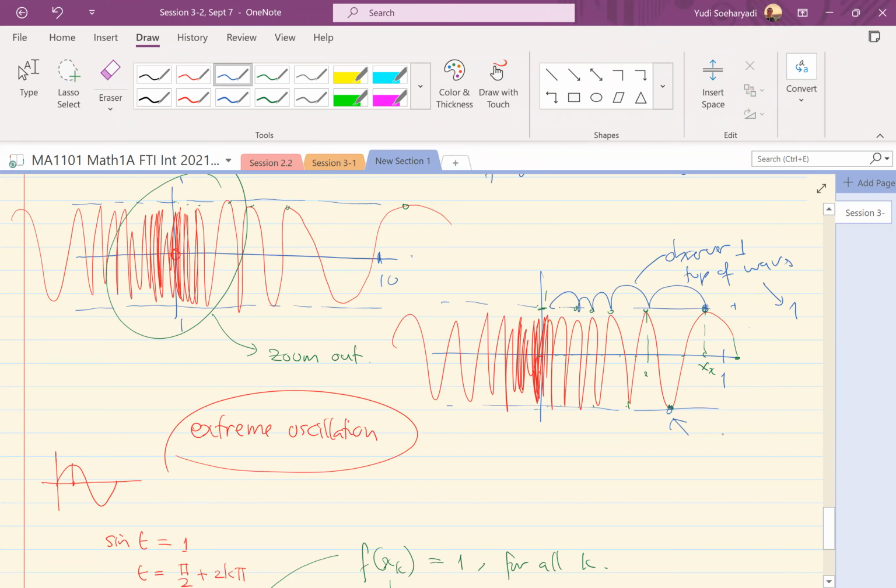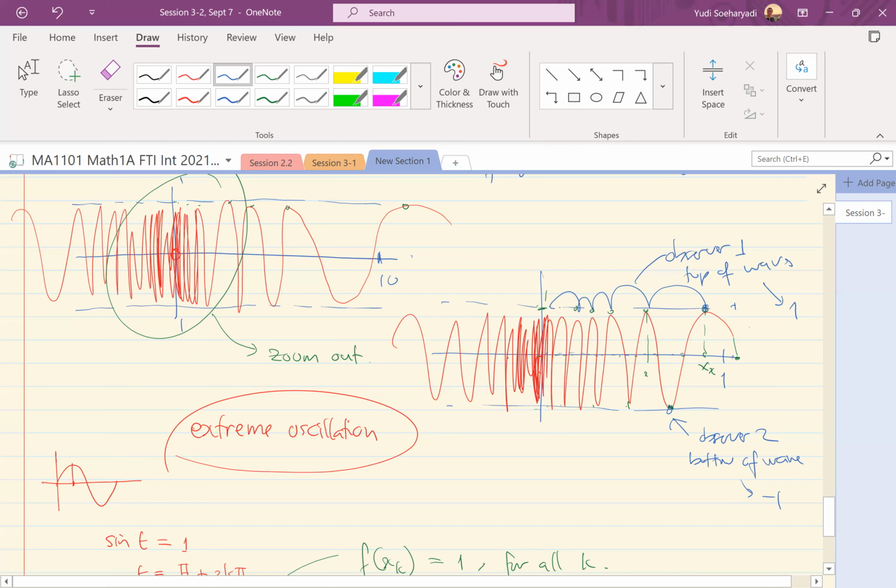This is observer 2, at the bottom of the wave, who thinks it should be -1, and another observer here thinks that it should be 0.